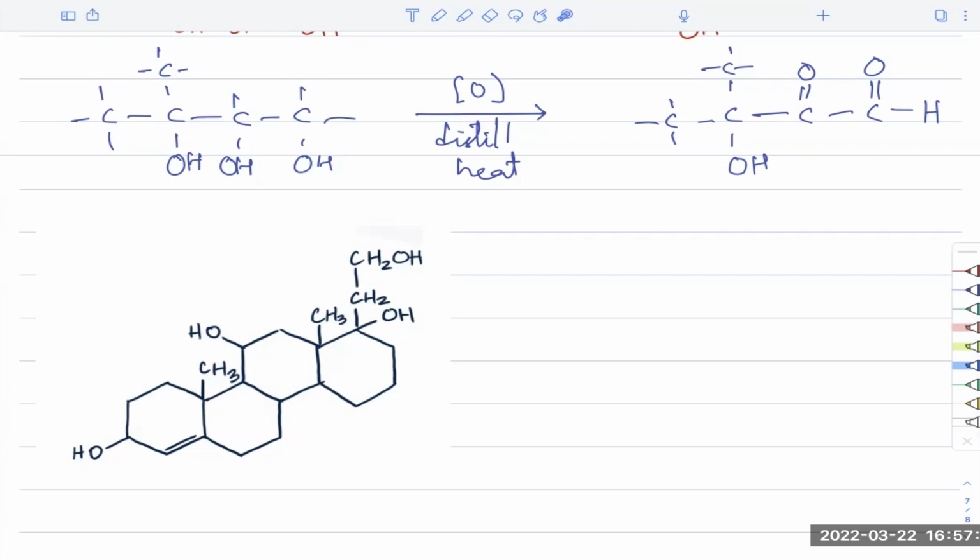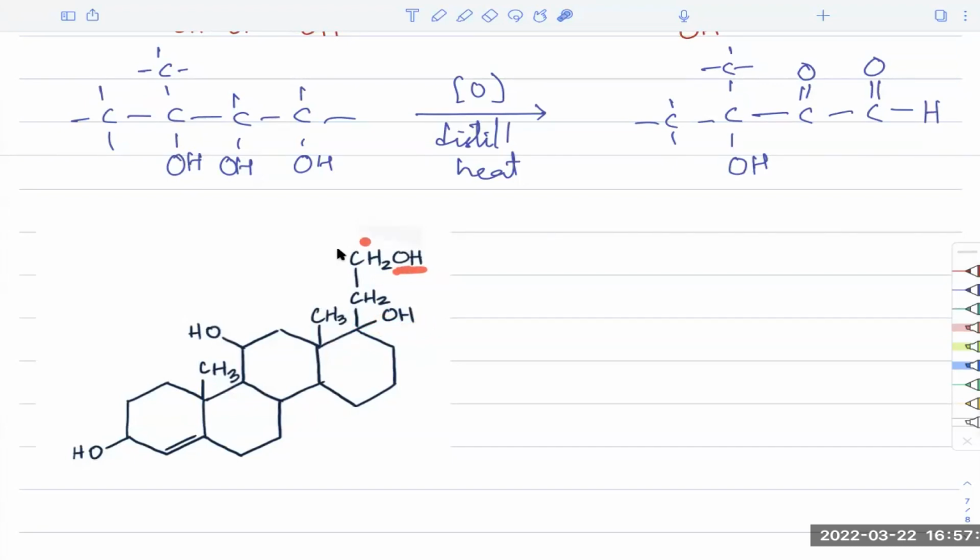Then identify whether it is primary, secondary, tertiary. So this one is secondary, one, two carbons attached. This one is also secondary. This one is tertiary because it is attached to three carbons, so tertiary. So it will not change, it will stay as it is.